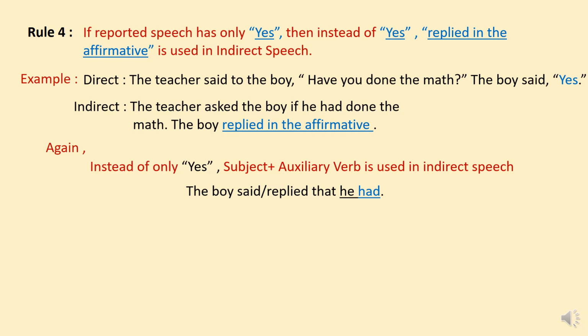We can see in the full text that the teacher said to the boy, "Have you done the math?" Here the auxiliary verb we can find is have. So, after the subject, the auxiliary verb have is used, and according to the change of the tense, have is changed into had.